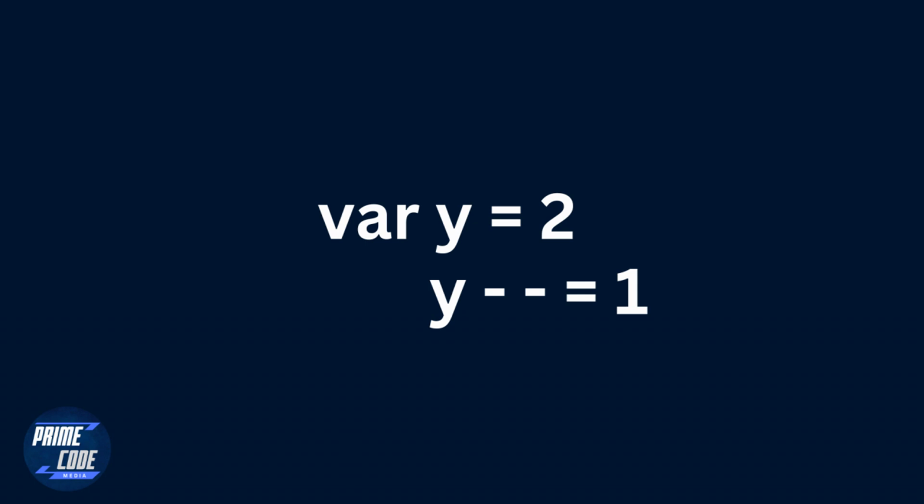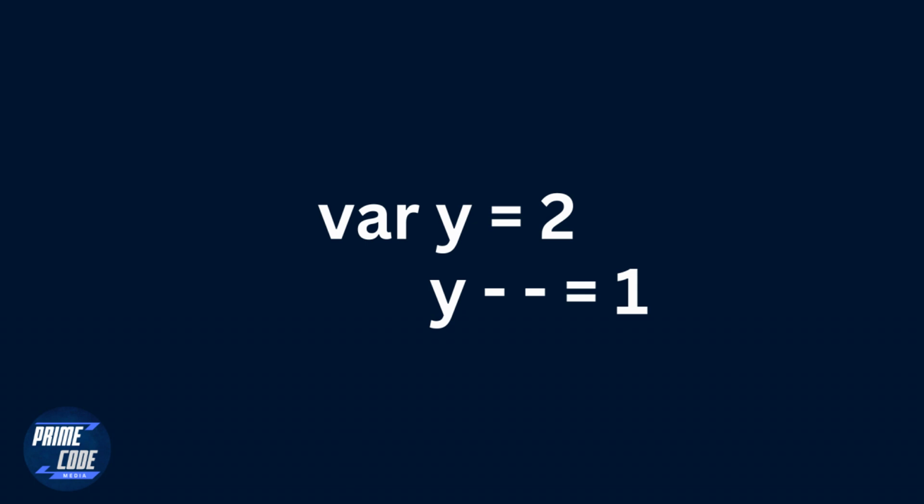A decrement operator is represented by two minus signs. So here the example is variable y equals 2, y minus minus equals 1. So y minus minus means y is decremented by 1 and now equals 1.